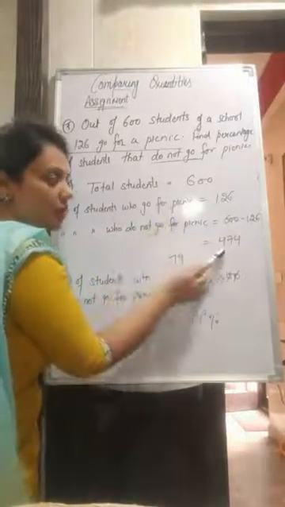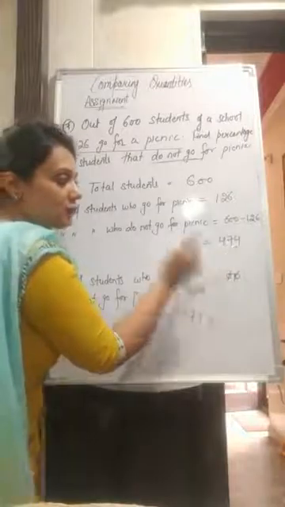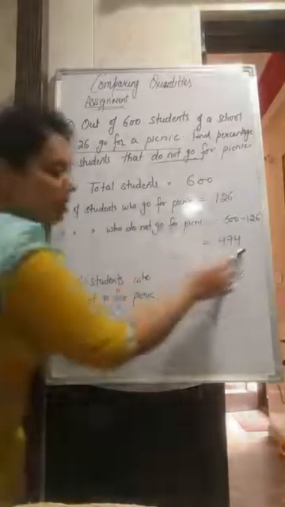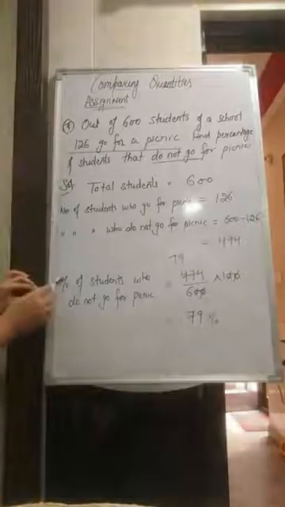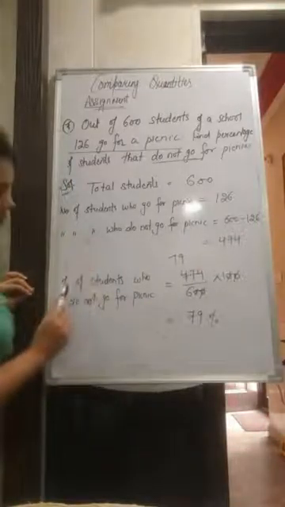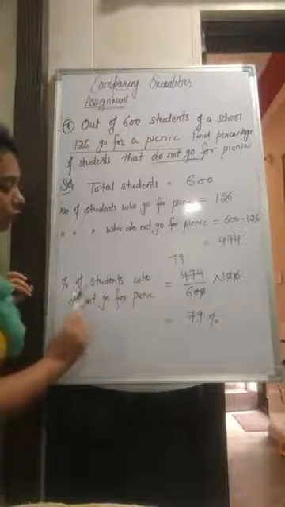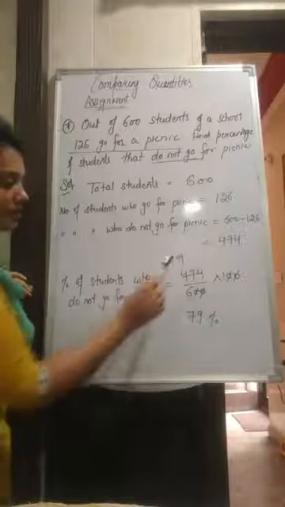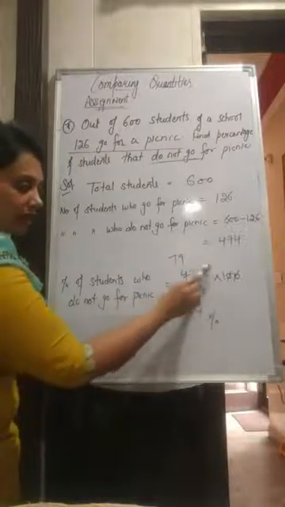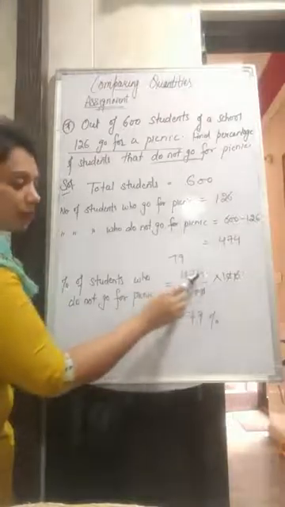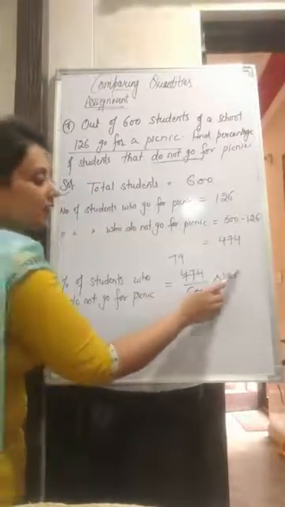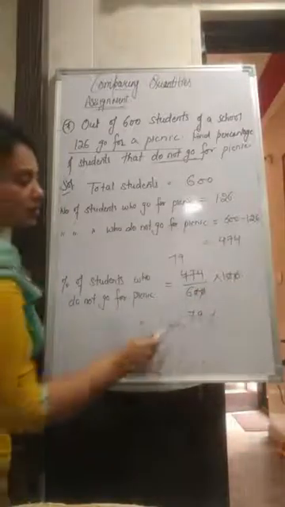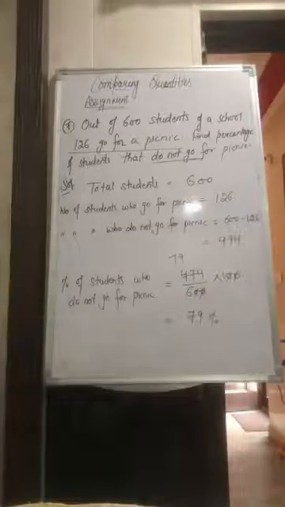That comes out to be 474. These are the number of students who don't go for the picnic. Now we have to find the percentage. So the percentage of students who do not go for picnic is 474, the number of students who do not go for picnic, divided by the total students, 600, multiplied by 100. It comes out to be 79%.